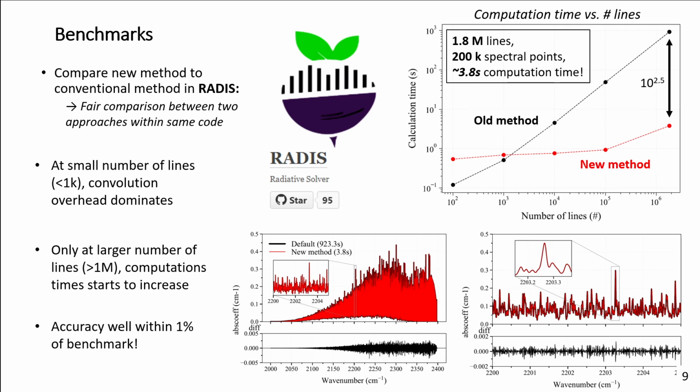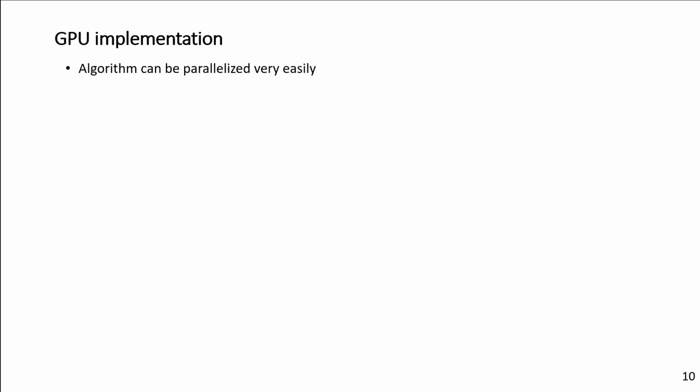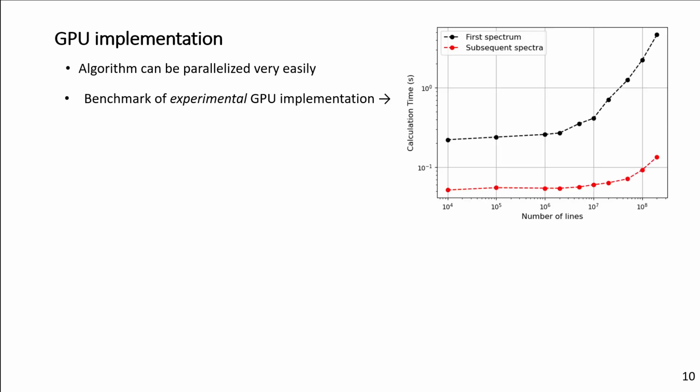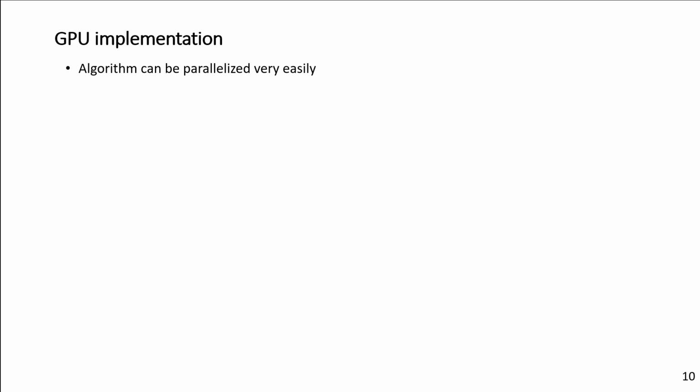As mentioned earlier, it would be possible to improve the performance of the old method by truncating line shapes, but this would introduce significant errors in the spectra. The real power of the new synthesis method becomes apparent when we look at parallel computation, such as on the GPU. For spectra with a large number of lines, in excess of 100 million, populating the line shape distribution function is the limiting step.